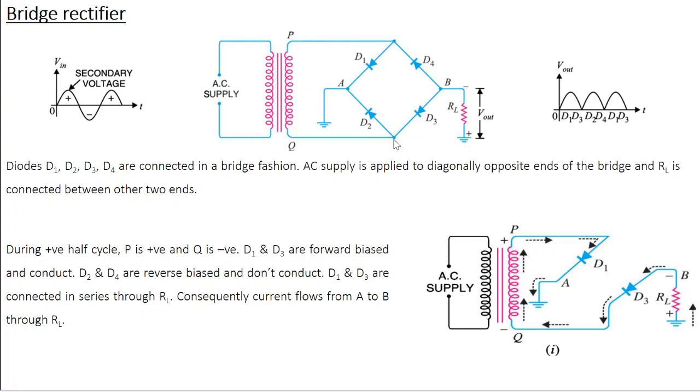Coming to D2 and D3, this point is of negative polarity. For D2, the P side is connected to the negative terminal, so D2 is reverse biased, whereas for D3, the N side is connected to the negative terminal, so D3 is forward biased. So D1 and D3 are forward biased, so they conduct electricity, whereas D2 and D4 are reverse biased, so they do not conduct electricity.